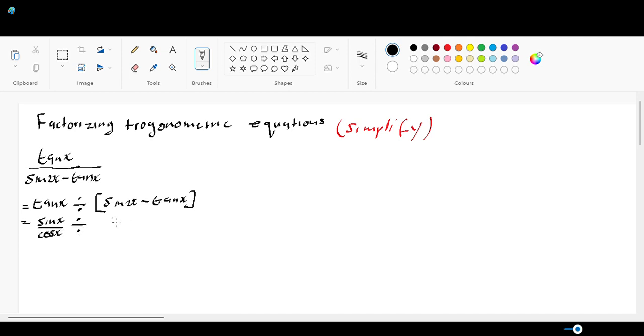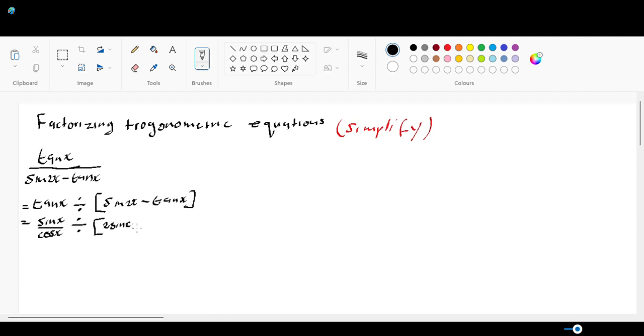Now this sine 2x is a double angle, so we have to change this double angle. The double angle is going to be changed into 2 sine x multiplied by cos x.